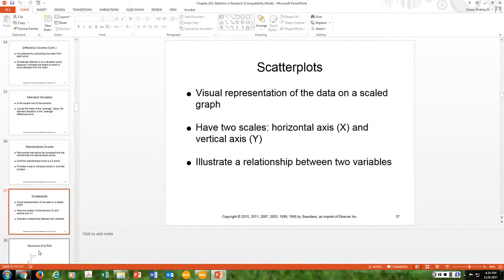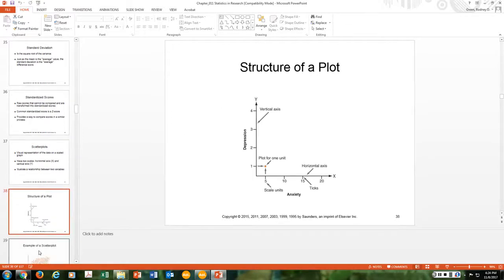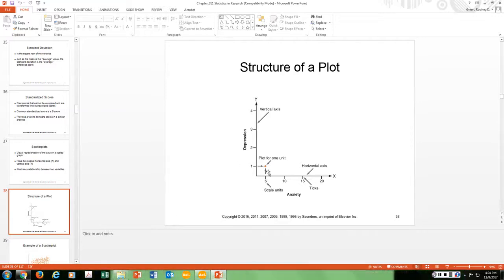For example, height would be on the x and weight would be on the vertical. Okay, so we have the x-axis and the y-axis with measures or units on both sides.